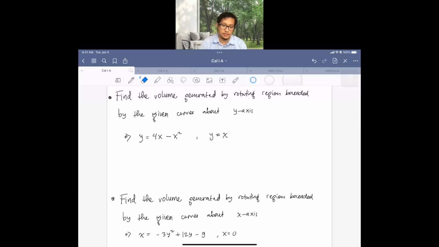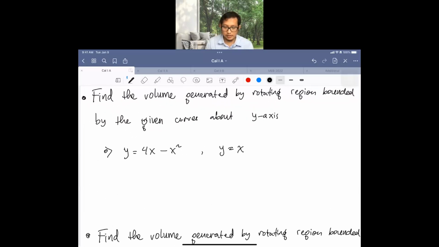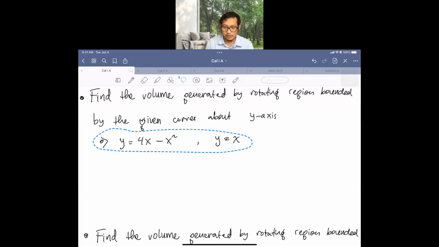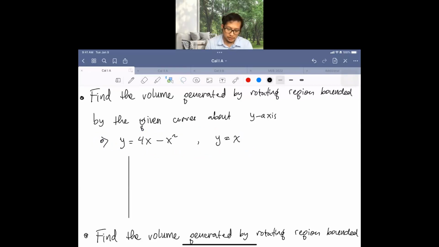Now, if we take 4x minus x squared and y equals x, probably we can take the drawings. We can start with y equals x. That's the easy one, the line y equals x. Okay, 4x minus x squared.